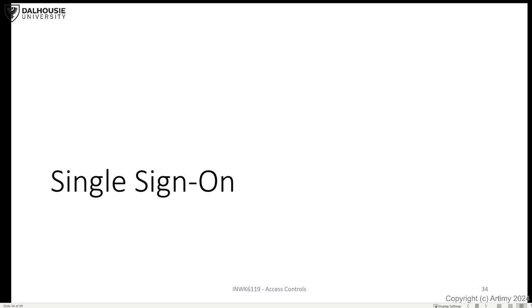So we need to avoid this, make it easy for people to log in once for all the systems that they need to use. And the trade-off is, okay, we make the login process a little bit harder, but instead of logging in multiple times, you log in once.